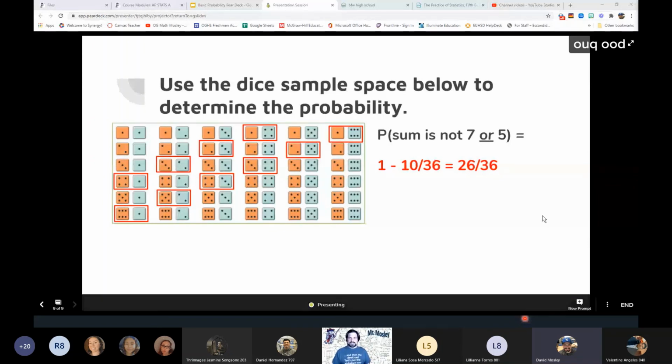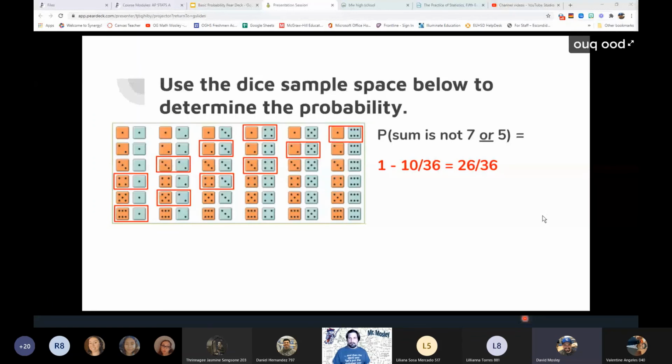Any questions about this last one? So that's a great question. So Lolly's asking, do we always have to use 1? In this situation, would it be appropriate to write 36 over 36 minus 10 over 36?